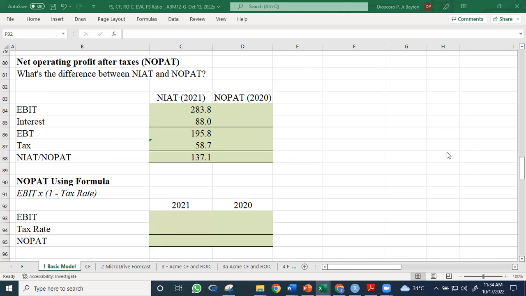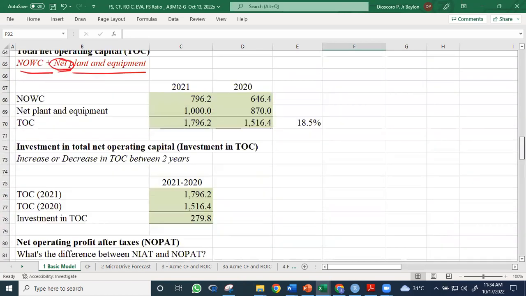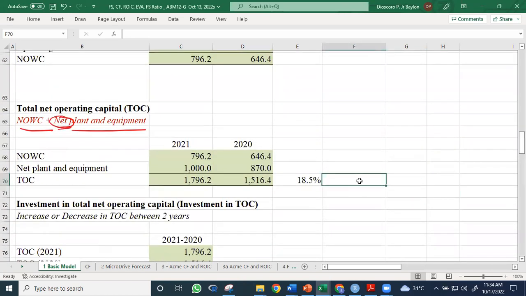Question. Class, when you have a question, please share it with everyone so that the others will benefit. There are two questions here. One is about the percentage change of total operating capital. Let me write the formula here for next time. When you say percentage change, you're comparing two values.